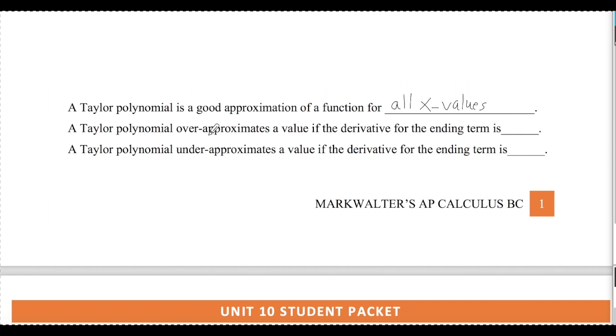In this case, a Taylor polynomial over approximates a value of a function if the derivative for the ending term is decreasing. So think about that last term we did, which was at the first derivative.